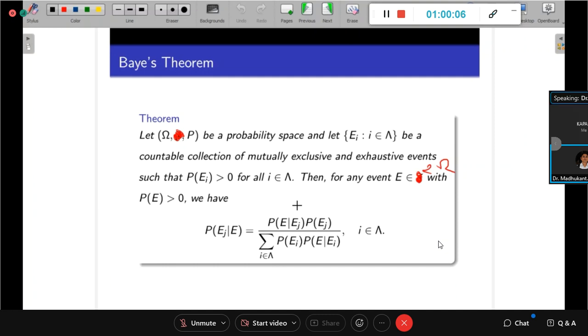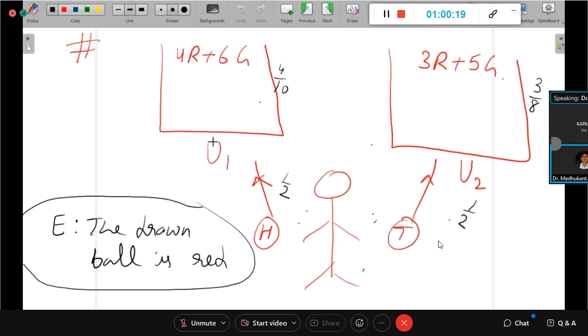Now let's try to conclude this lecture by addressing the Bayes theorem. Let's say you have a probability space, and see why this Bayes theorem is required. In the previous example you first flip a coin and draw a ball, and you ask what is the probability that the drawn ball is red.